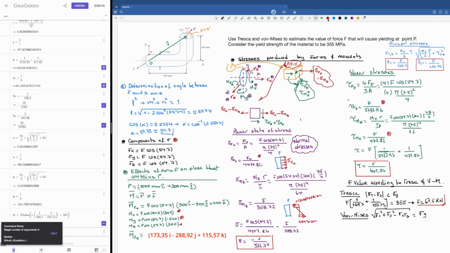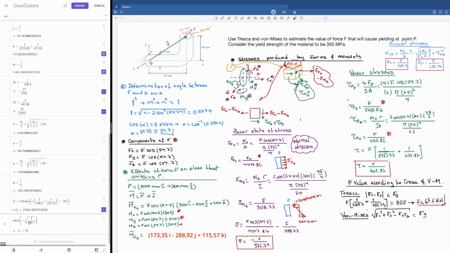To explain a little bit, I have f squared here, and then f times f is f squared, so I can take f out of the equation. Yeah, and f is going to be my times then. Actually, I can just write square root of sigma 1, then I'm going to put this one 769.7, and this has to be squared.